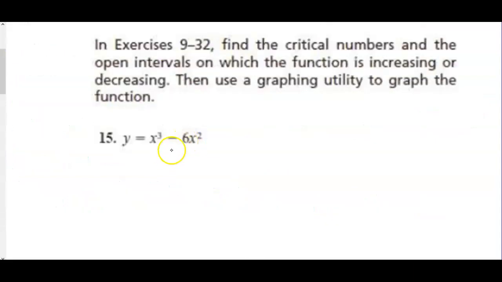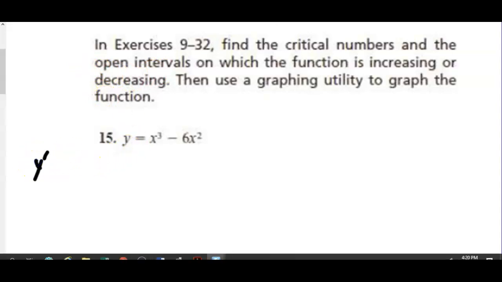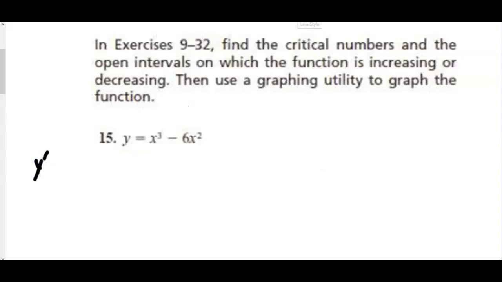So for this one, you want to find your critical points first, because it says find critical values. So we take the derivative first to find your critical values. 3x squared minus 12x.